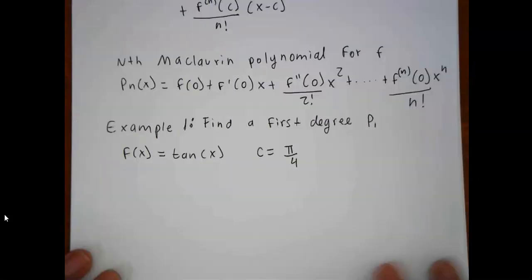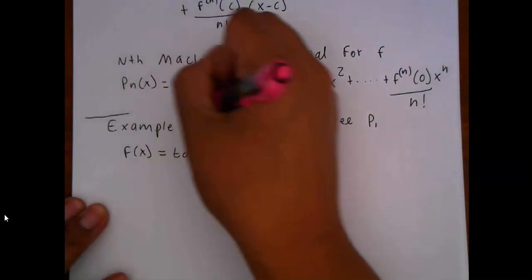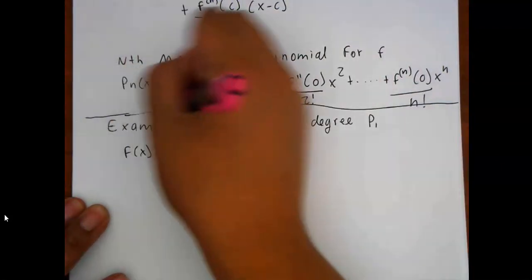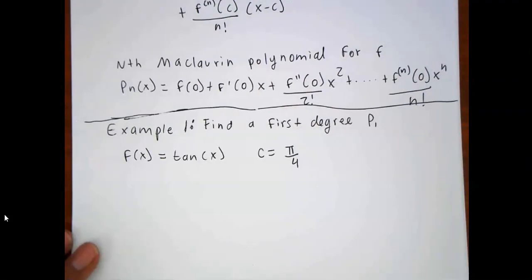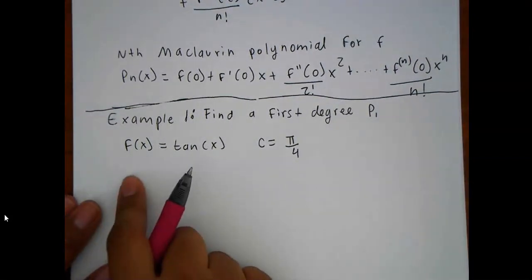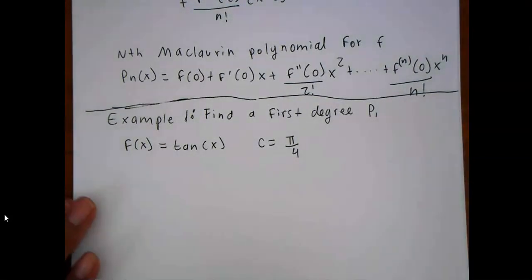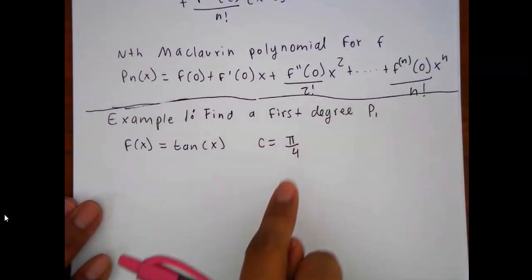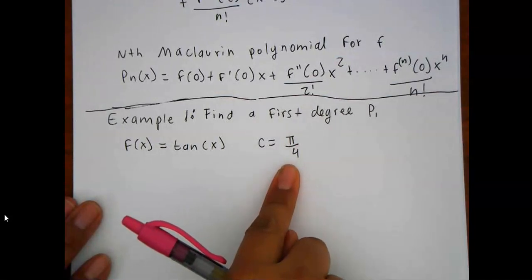So here, this first example says, find the first degree P1. Our function f is tangent, and they're giving us c as pi over 4.